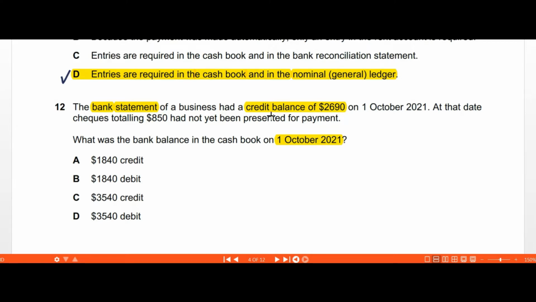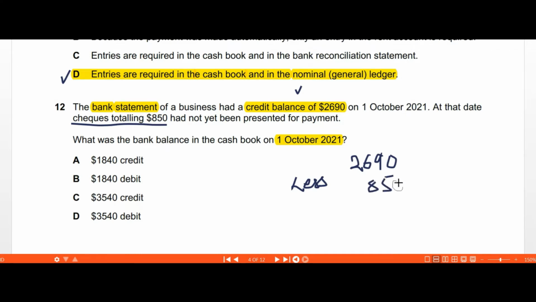Now we know that this amount was 2690, and at that date checks totaling 850 had not been presented. So these are the unpresented checks, and we start off with the cash book balance. We add unpresented checks. Over here we have been given the bank statement balance, so we have the bank statement balance of 2690. Instead of adding unpresented checks, we will simply deduct unpresented checks, so this is 850.